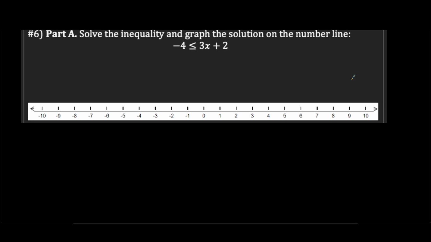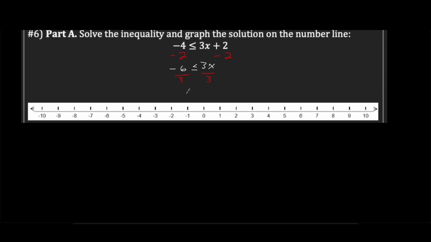For the last part, it says solve the inequality. So part A for number 6 is solve the inequality and graph the solution on the number line. So what I have to do is use my inverse operations just like I'm solving an equation. I subtract 2 from both sides. I have negative 6 is less than or equal to 3x. Divide both sides by 3.